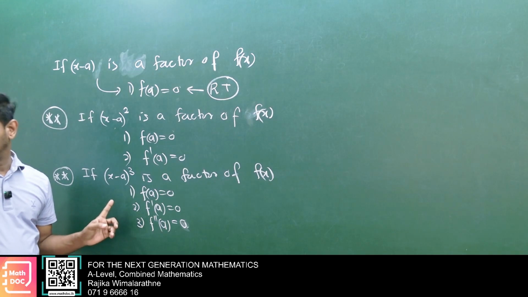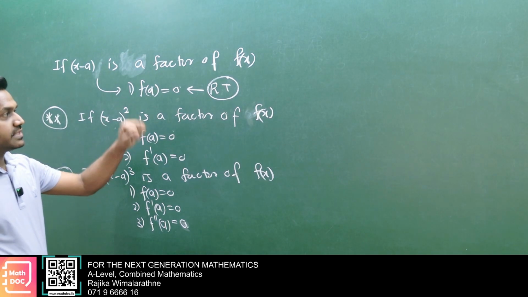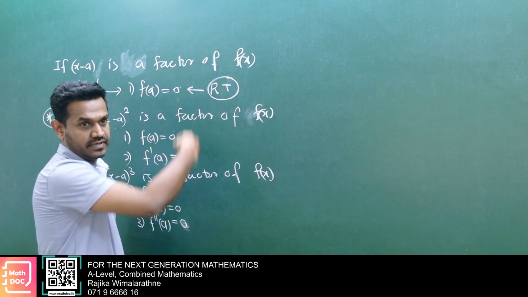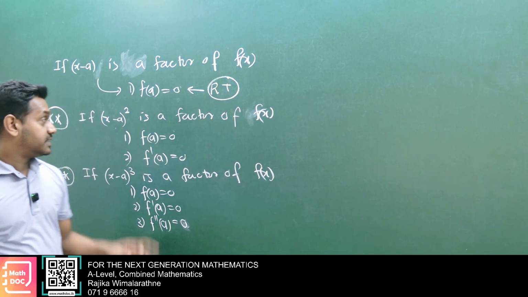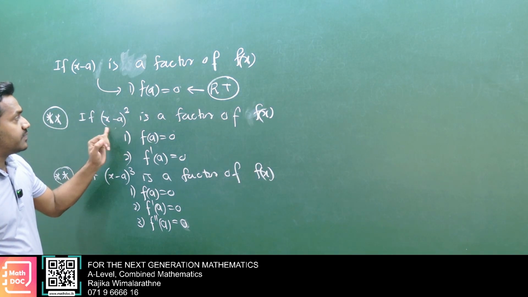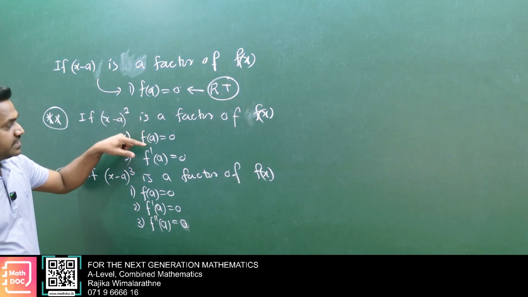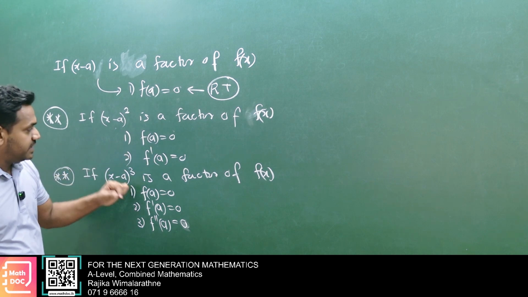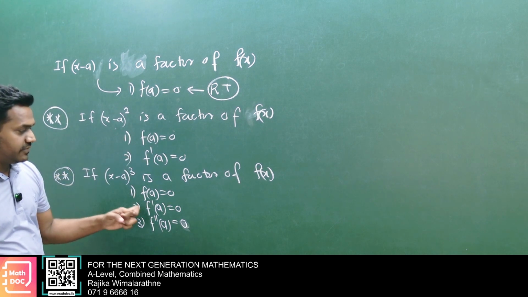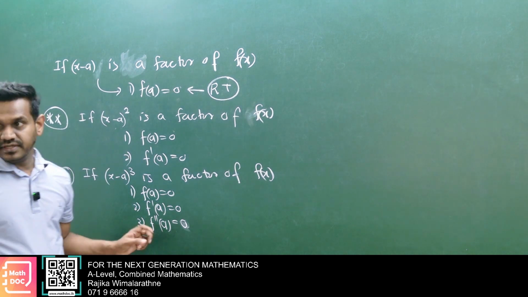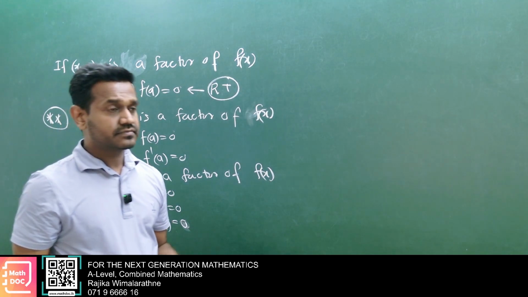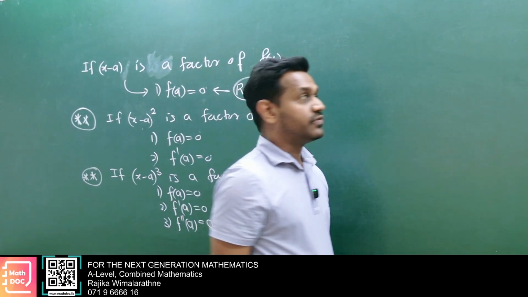This is a very special theorem. So after 2019, we get this theorem. Repeated application here: (x minus a) squared, repeating linear factor, then f(a) 0, f dash a 0. (x minus a) cubed is a factor, then f(a) 0, f dash a 0, f double dash a 0. Very special relation. Okay. Now see that proof.